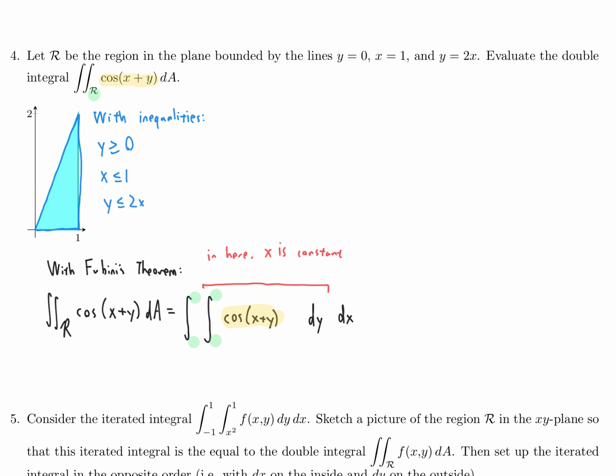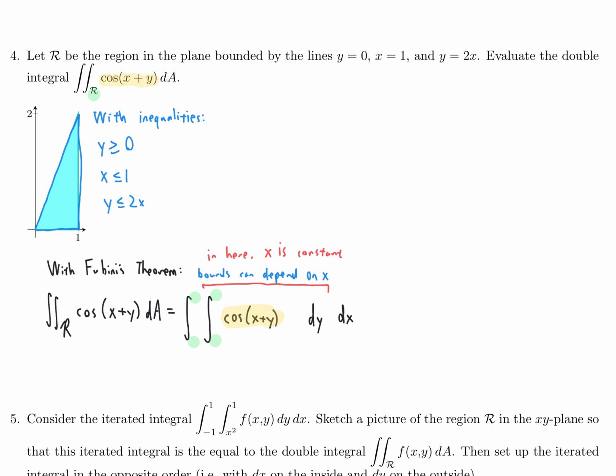And what that lets us do is say that the limits of integration for y, the bounds for the y integral, can depend on x. You can have expressions involving x in the limits of integration for y. And that's how we're going to account for the fact that R is not a rectangle.